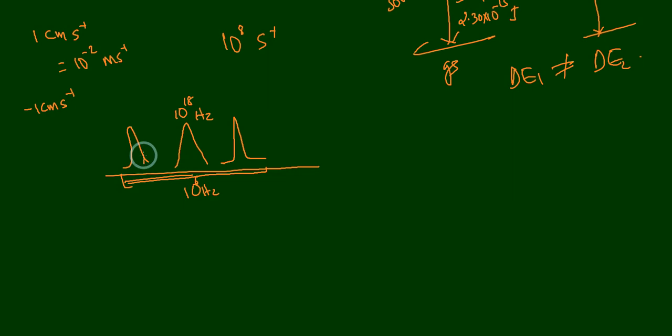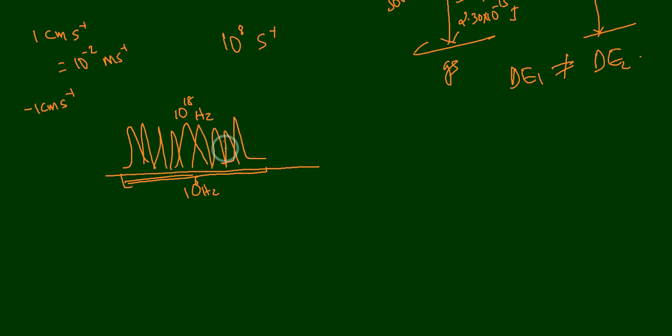If you are scanning at different velocities ranging from 1 centimeter per second to minus 1 centimeter per second, it will cover the entire region. So actually, the iron nucleus in the sample should absorb any frequency within this, right?